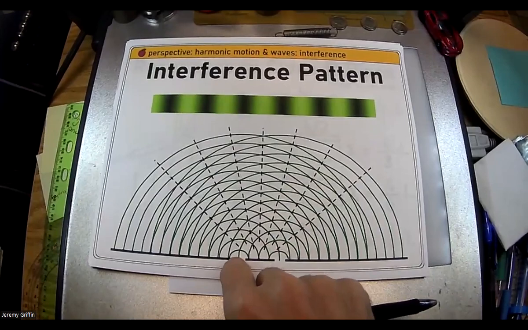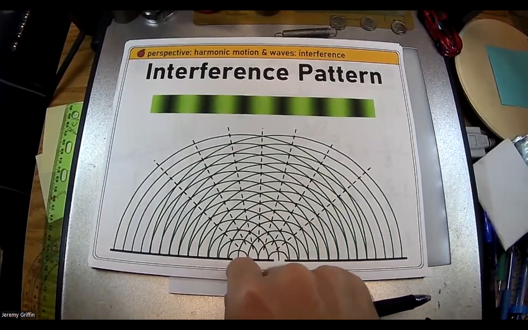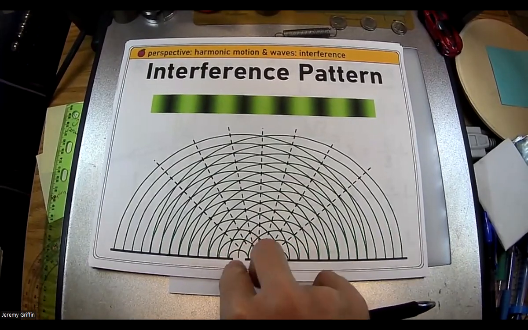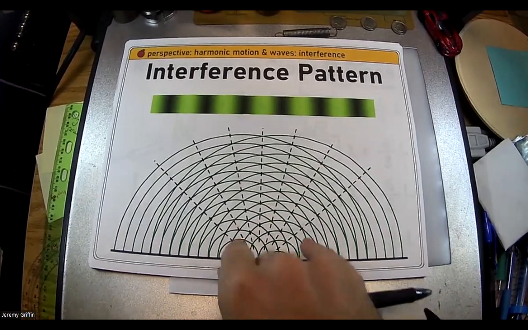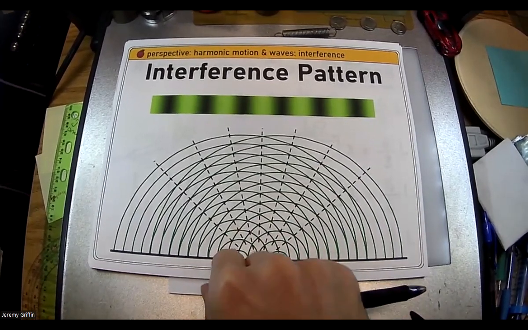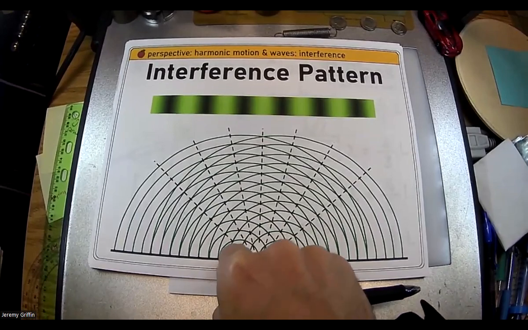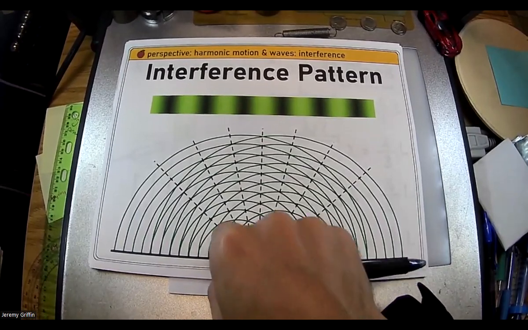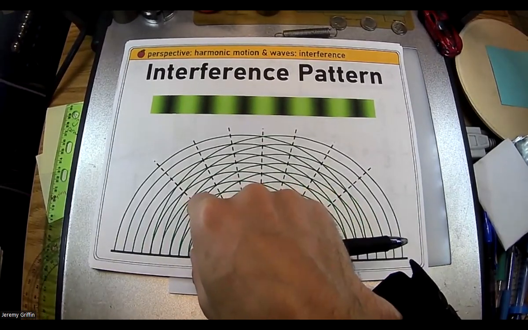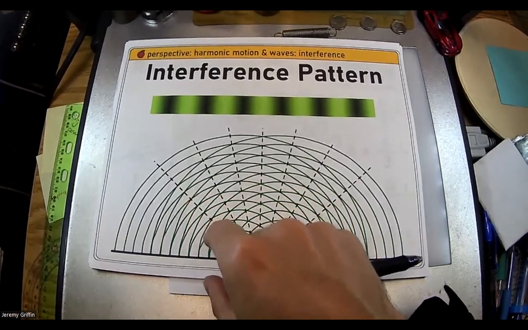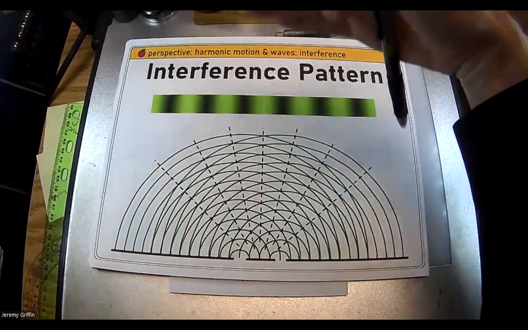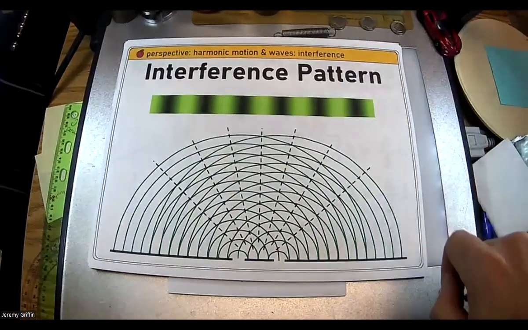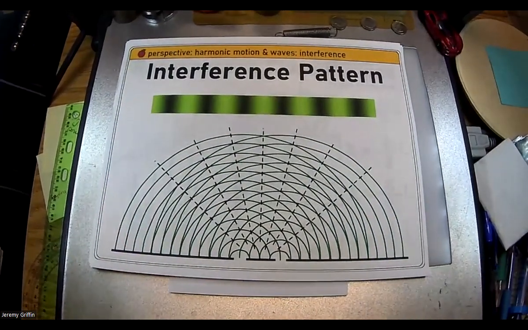Then, by Huygens' principle, as the ripples go through these two slits, new waves originate from here and from here. And now you have this periodic constructive and destructive interference. On, say, a back wall, you get this interference pattern, which you only get if you're working with waves.